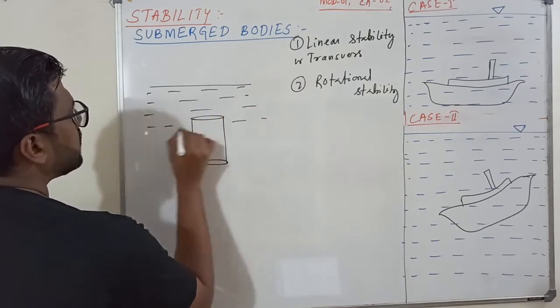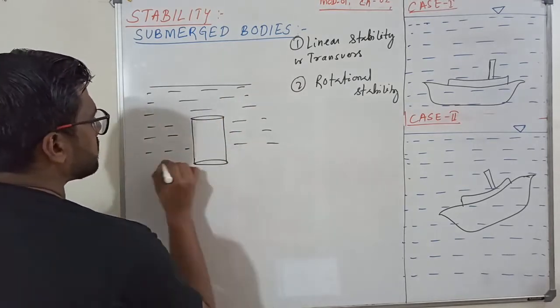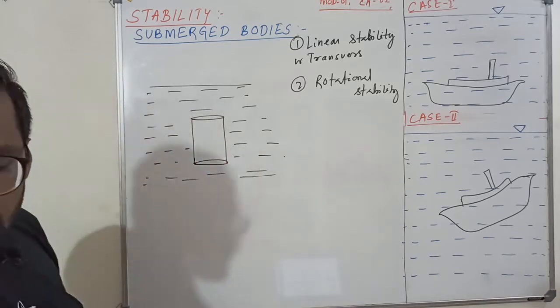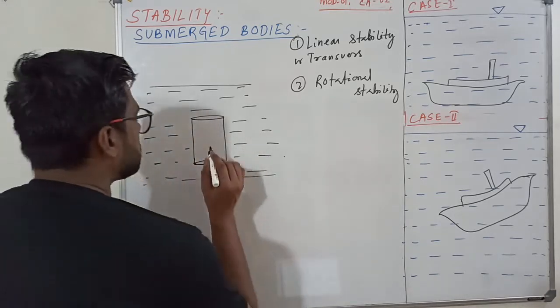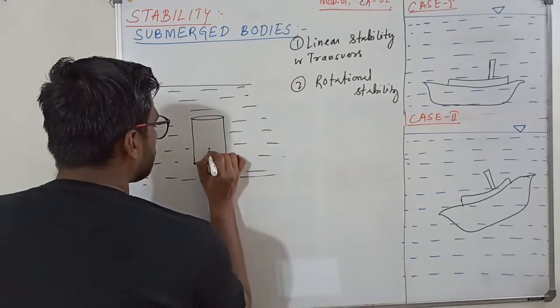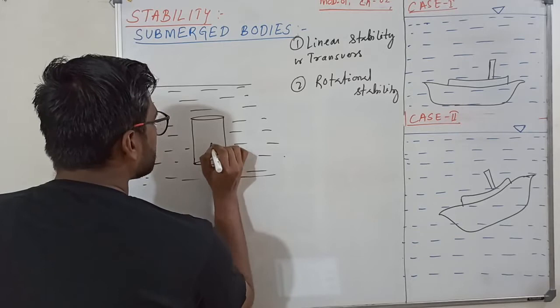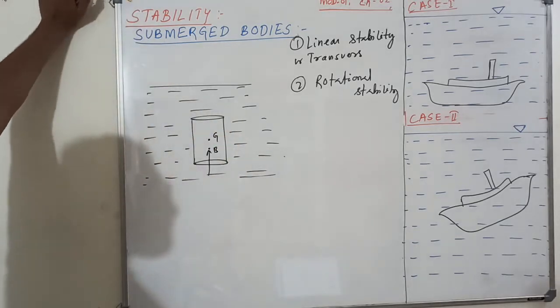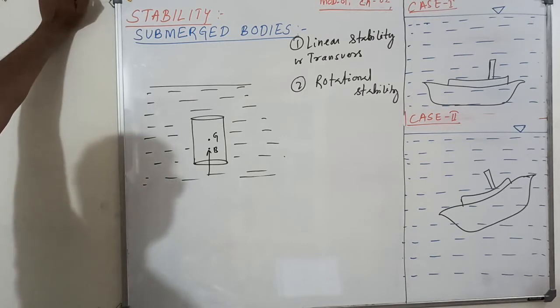This is a body which is completely submerged. What will happen here? The buoyancy force will act at the centroid. Let us say this is B, and this is the center of gravity G.